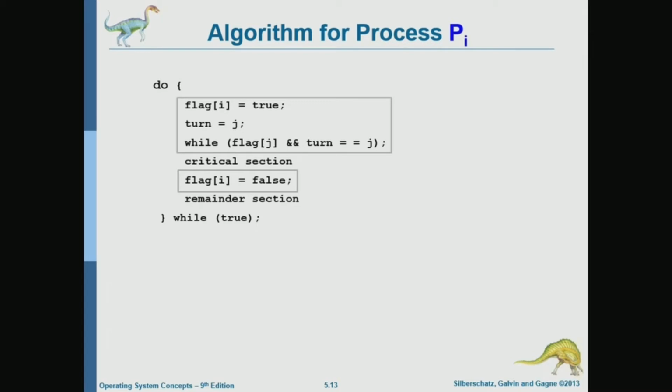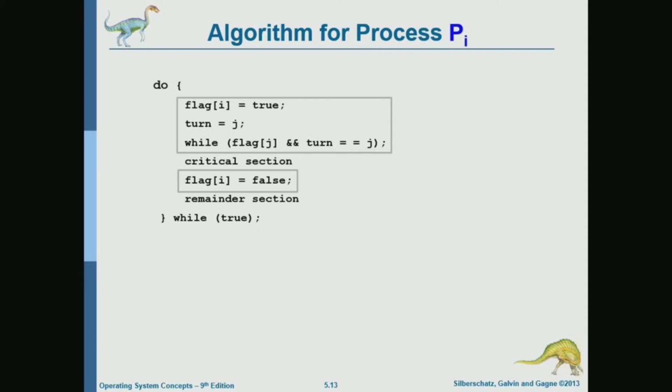Now, how does this work? This is the entry to the critical section. So this is the entry section, this is the critical section, and this is the exit section. What does the entry section have in it? It has setting the flag to true. So I is saying, I am interested in the critical section. Then it's saying turn equals J, so it's saying turn equals other. And this is a key step.